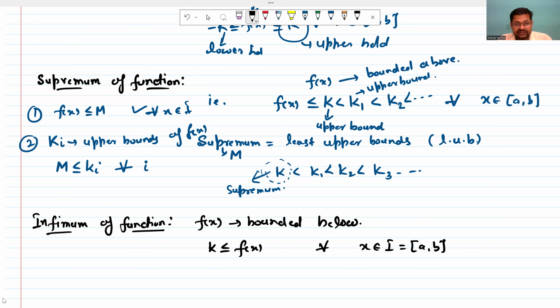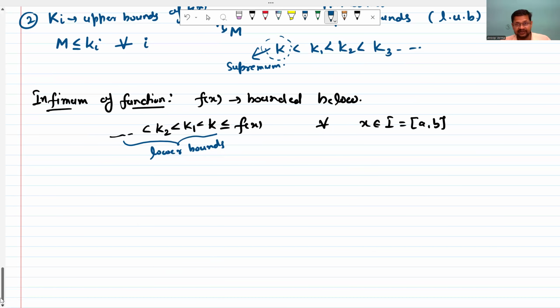Okay, so if f(x) is greater than small k and there is some real number which is lesser than small k, तो दैट इज k1, स्मॉल k1, तो फंक्शन की वैल्यू k1 से भी बड़ी हो जाएगी। अगर हम k1 से छोटी कोई वैल्यू ले ले तो उससे भी बड़ी हमेशा रहेगी। इस तरीके से तो ये जितने भी हमारे पास वैल्यूज हैं, k1 k2 k3 and so on, these are called lower bounds, all will be the lower bounds, okay, because any number for which the function's value is always greater than it, that is called lower bound.